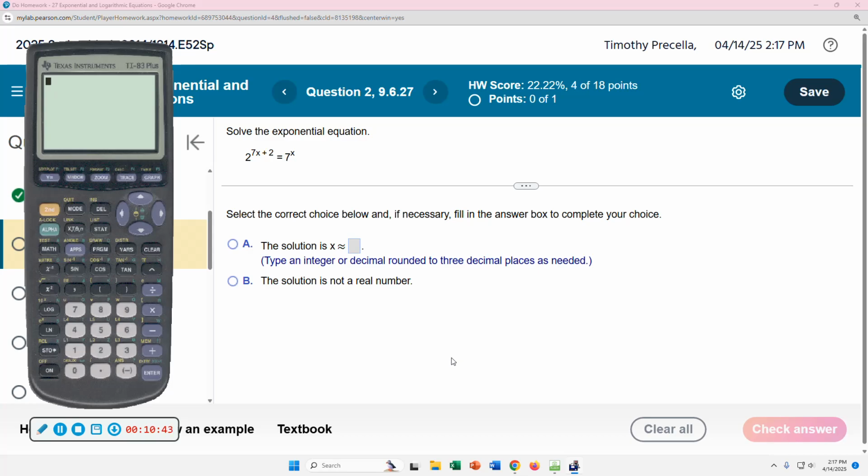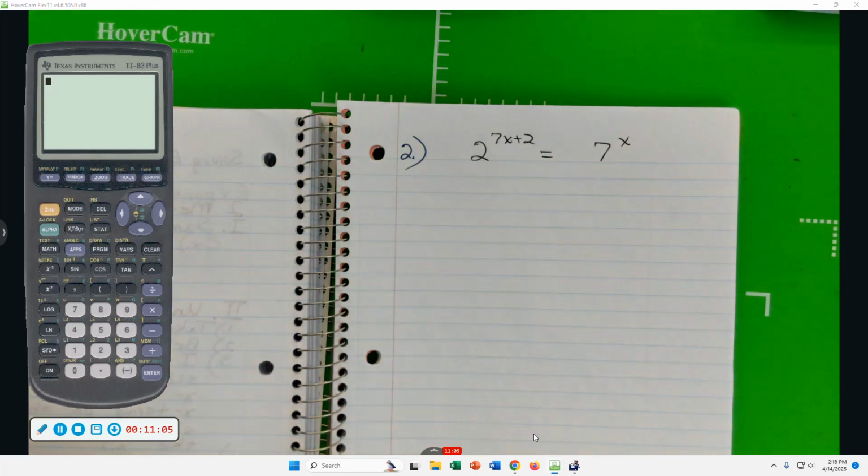2 to the 7x plus 2 is equal to 7 to the x. Let's switch over there.